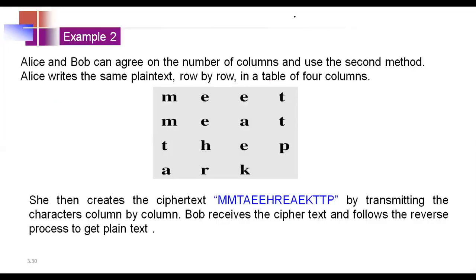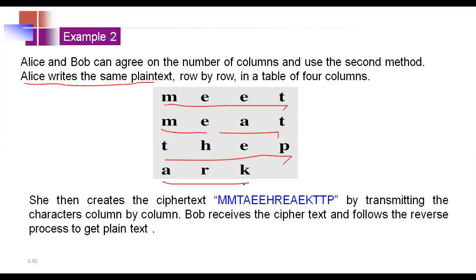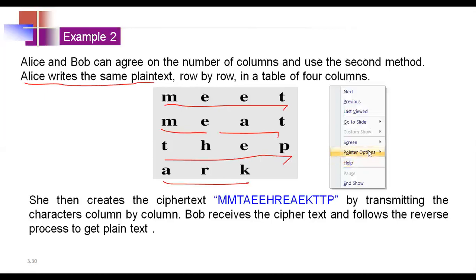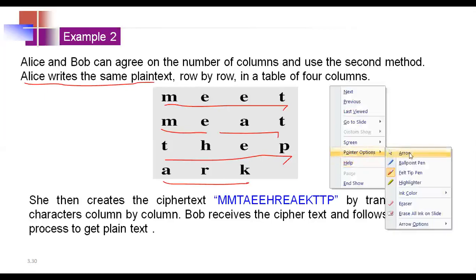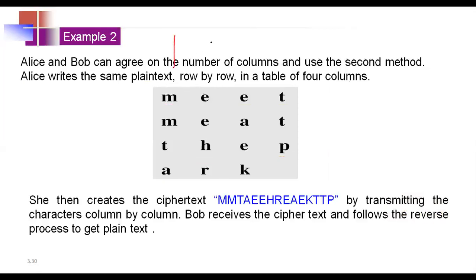Here, Alice writes the plain text row by row. For example, this is "meet me at the park", written row by row within 4 columns.